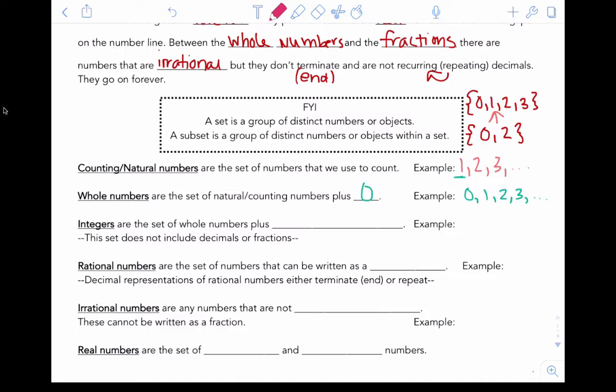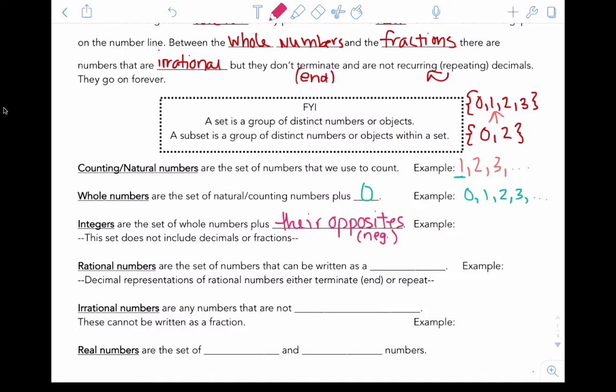Now I have integers. So the integers are going to be the set of all the whole numbers plus their opposites, which is the same as saying their negatives. So this still does not include any decimals or fractions.